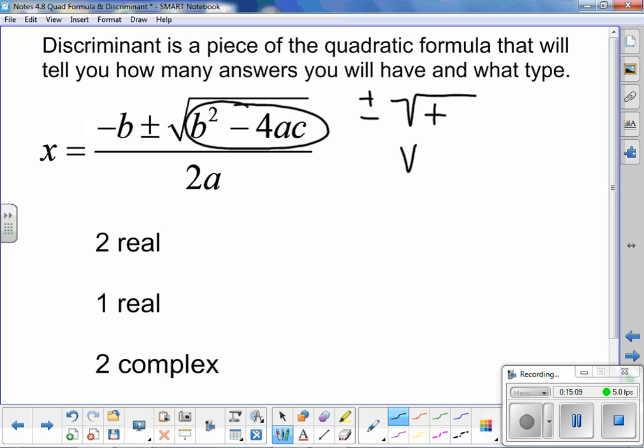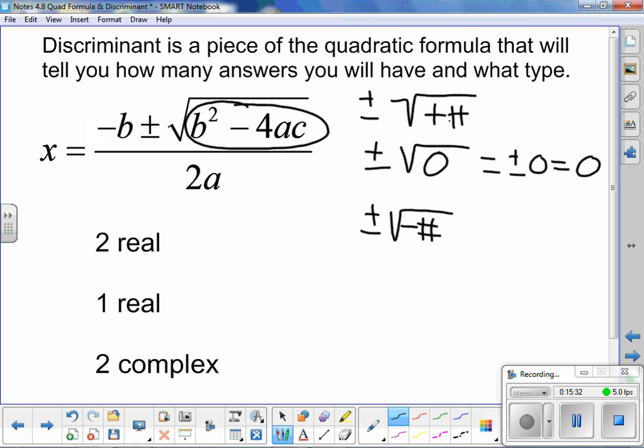Now, if you do the square root of a 0, any square root of 0 is 0, doesn't matter what's on the outside, because you can have a plus or minus 0. That doesn't mean anything, that's just 0. So that's when you have one answer. And then the last situation is when you have a plus or minus square root of a negative number. This is a positive number, that's a negative number.